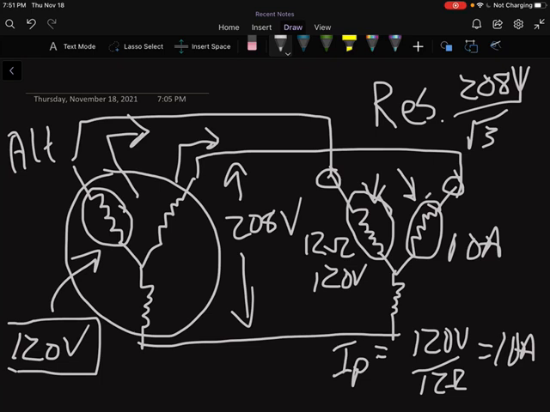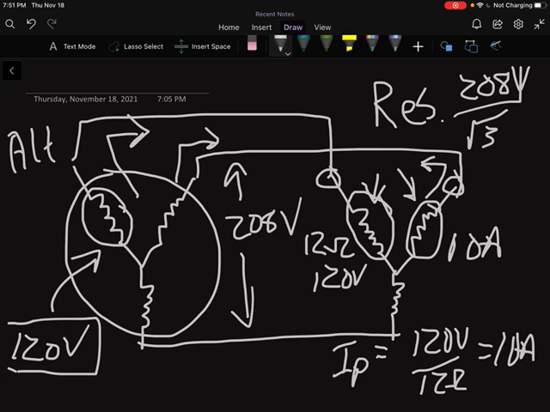And if we follow that current with an amp clamp into the line, we see that our line current is the same as our phase current. There is no difference, and that is the rule for in Y, that our phase voltage, our phase current and our line current are the same.